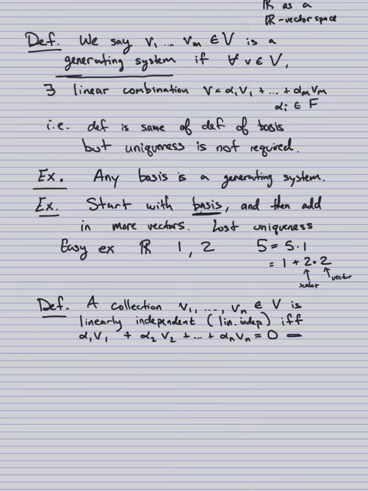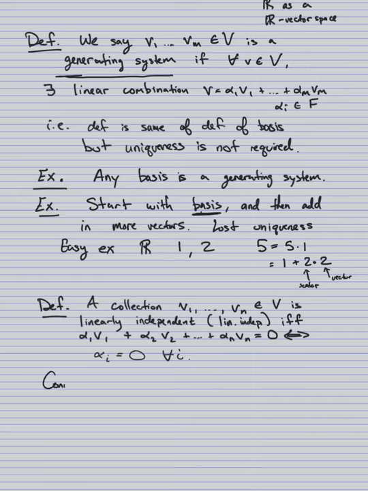Well, there's kind of an obvious way to make this happen, which is just to have each alpha i be 0 in your field. Okay, and you're linearly independent if this is the only way to do it. Okay, so if alpha i is 0 for all i.